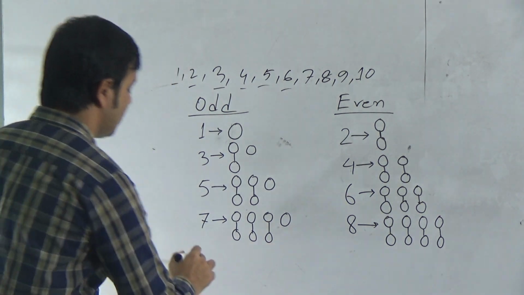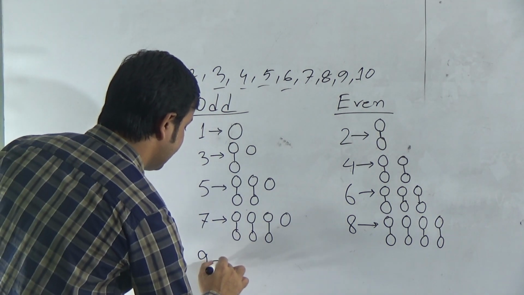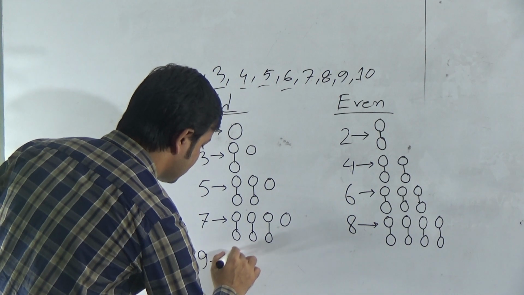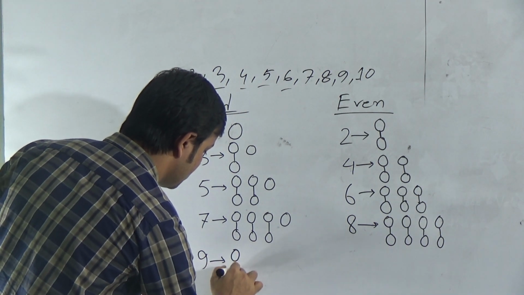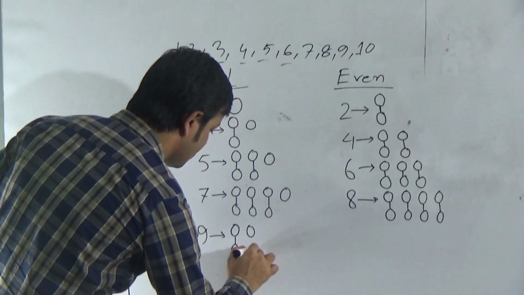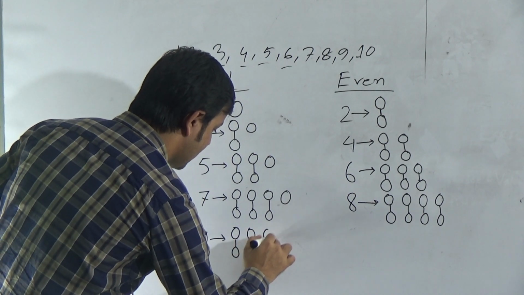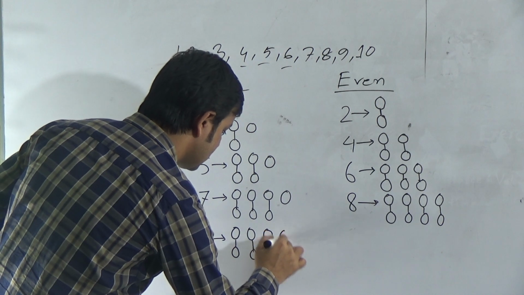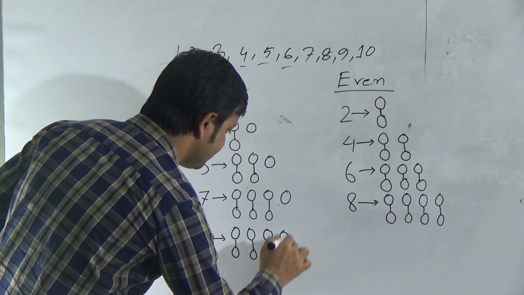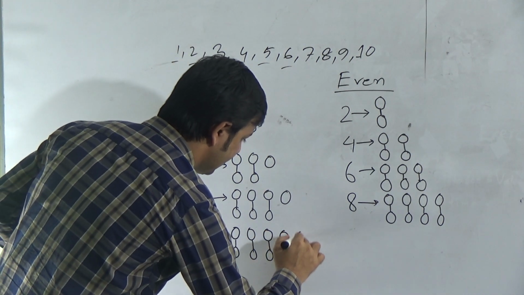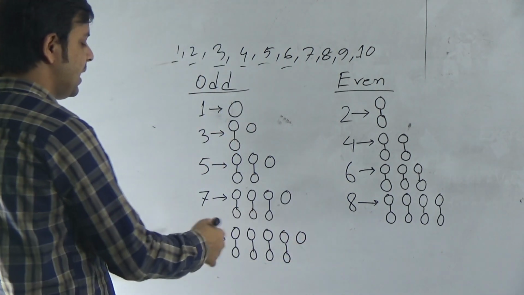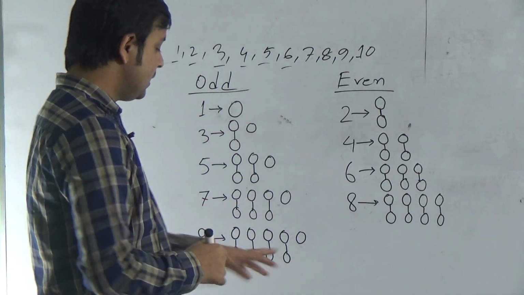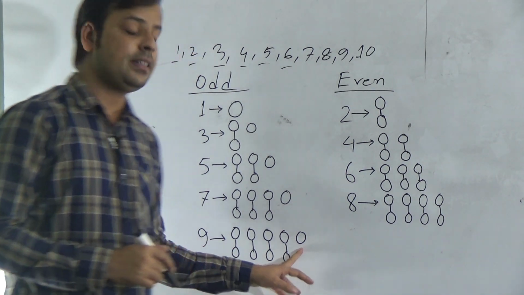Now 9. We can express 9 as 1, 2, 3, 4, 5, 6, 7, 8, and here are 9 balls in total, and this one is without a pair. It means that 9 is odd.